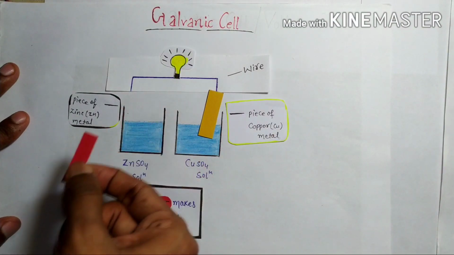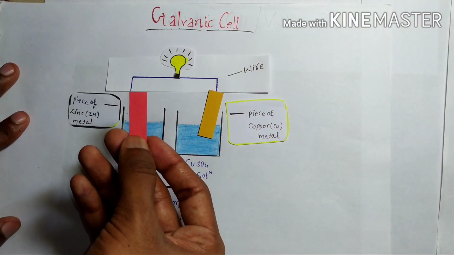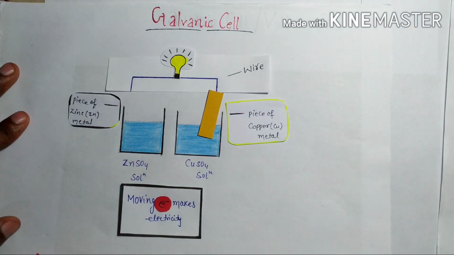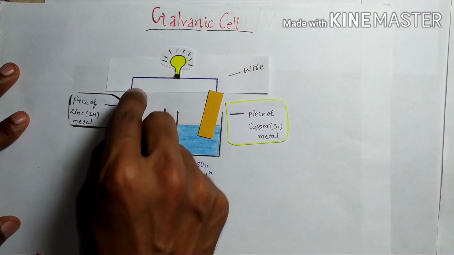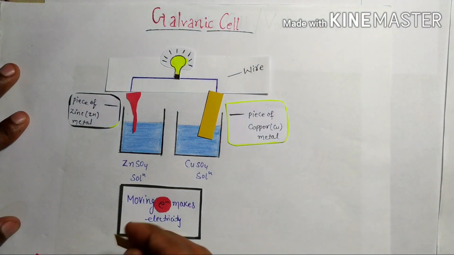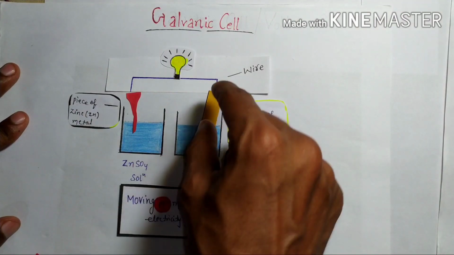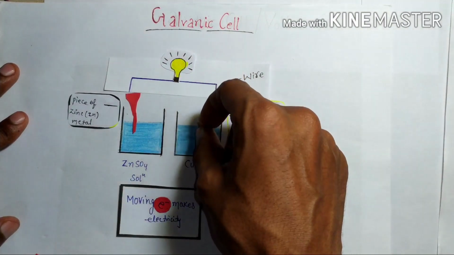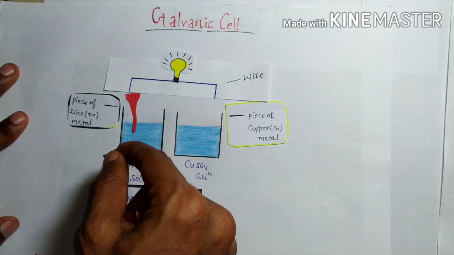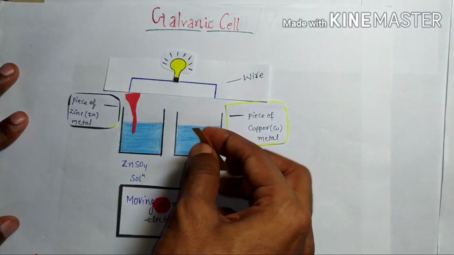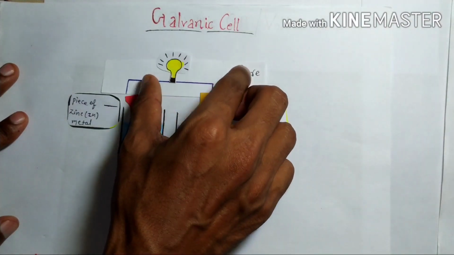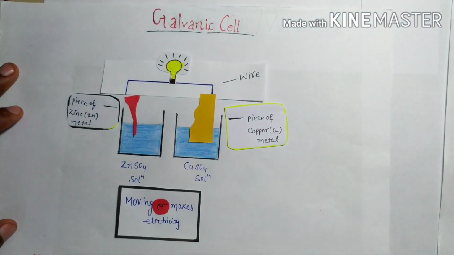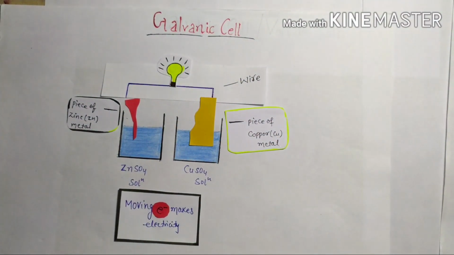How? Let's see. This is the zinc electrode, the zinc metal piece. Now it will become like this, a very tiny size, very small, because it decomposes into Zn2+ ions in the solution. And here the copper will become like this. It will become fat. This is the actual difference.